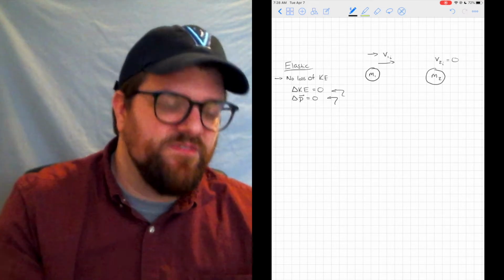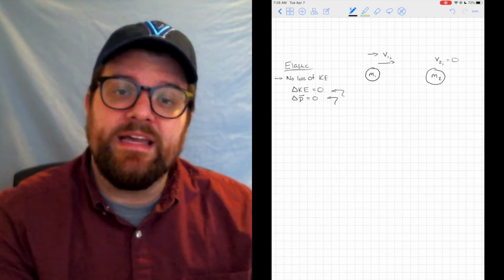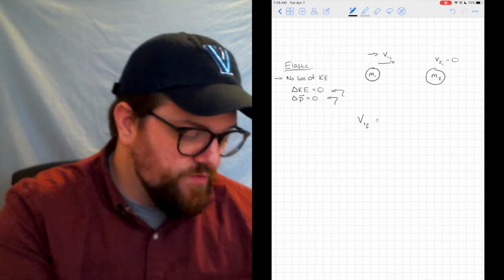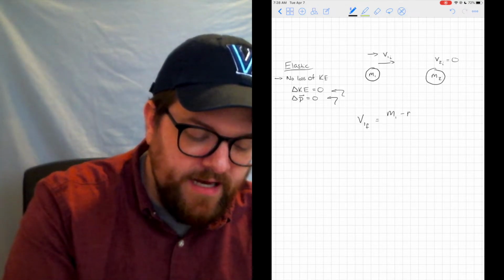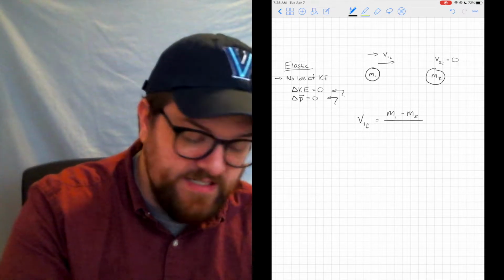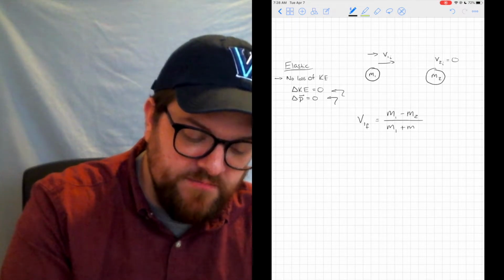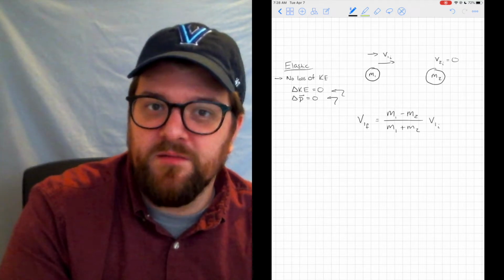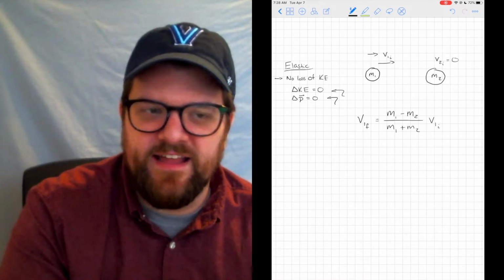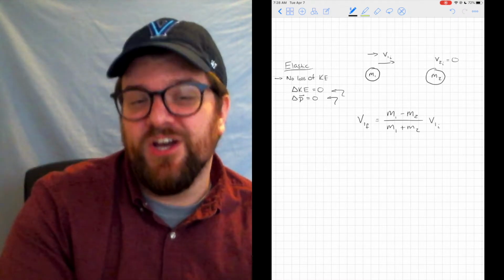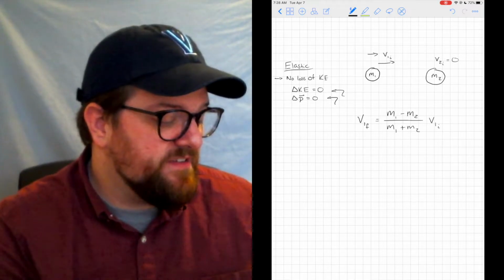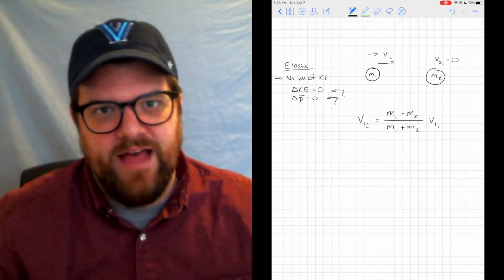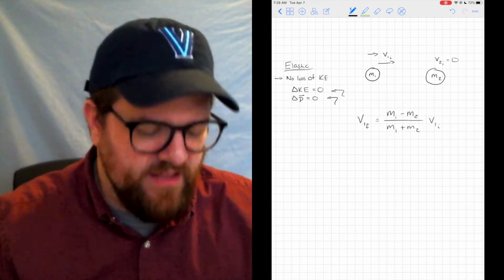If we satisfy all of those conditions, then V1F is equal to M1 minus M2 over the sum of M1 plus M2, times V1I. Now you're probably going, where in the heck did you get that expression from? Again, it's in the notes. I didn't feel like going through every little algebraic step to show how we got this.